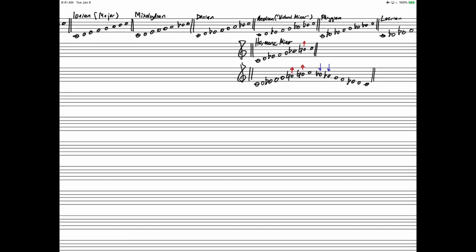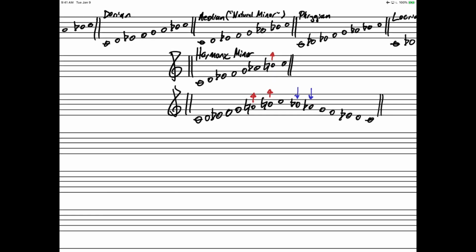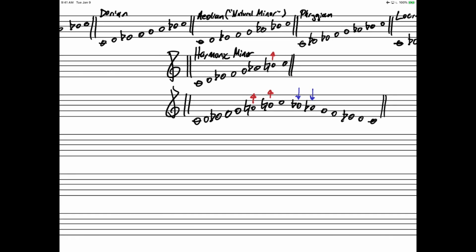The Ionian was our quote-unquote major mode. The Aeolian is our natural minor mode, which can also be modified to create harmonic minor with a raised 7th scale degree, or natural minor.